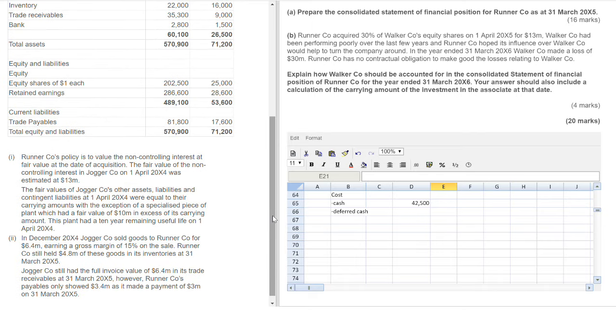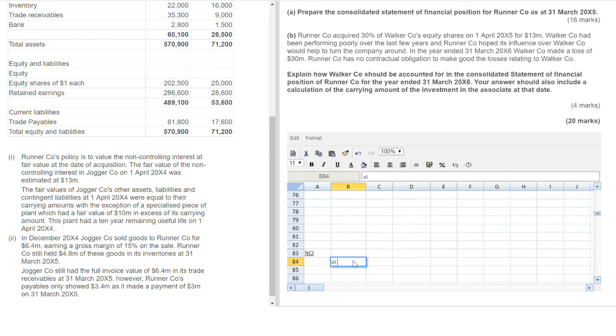And again, what you should then be able to go through and see is if you look at the first bit of additional information, it tells you that the fair value of the non-controlling interest is there at $13 million. So within my goodwill calculation, I'm putting in the 13 million. Should get you a pretty easy half a mark, I'd have thought.